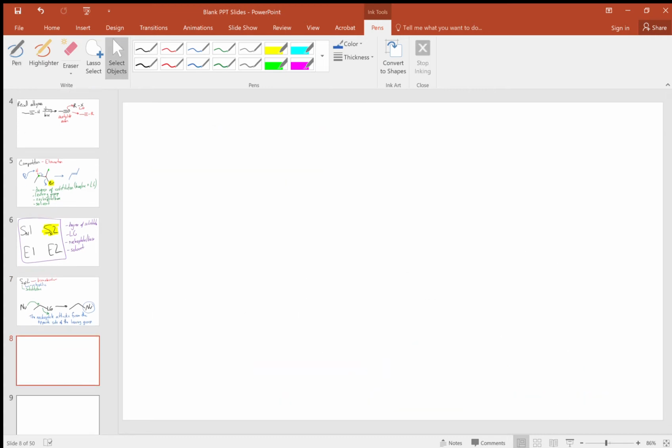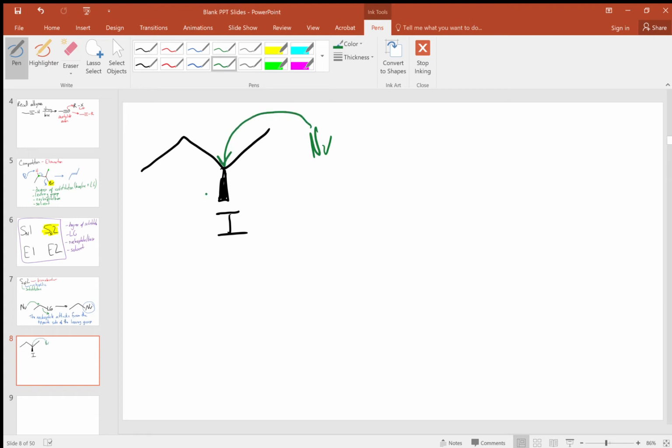So because this happens from the opposite side, it leads to an interesting consequence. So let's say that our starting material, such as this one, is chiral. Since the nucleophile attacks from the opposite side of where the leaving group is, that means the nucleophile will be on the opposite side from where the leaving group is.